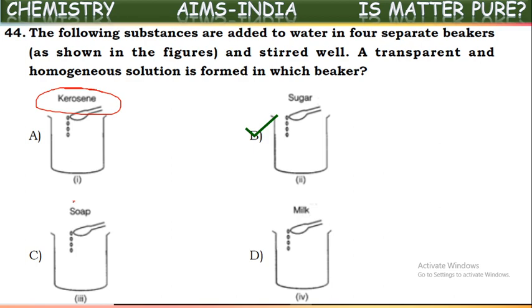It won't be much transparent, as we know. Next, milk also in the same way. Milk also will be dissolved into water, but its color will appear. It won't form a transparent solution. Only in the given options, sugar will form a transparent solution on dissolving into water. Okay, that's the correct answer.